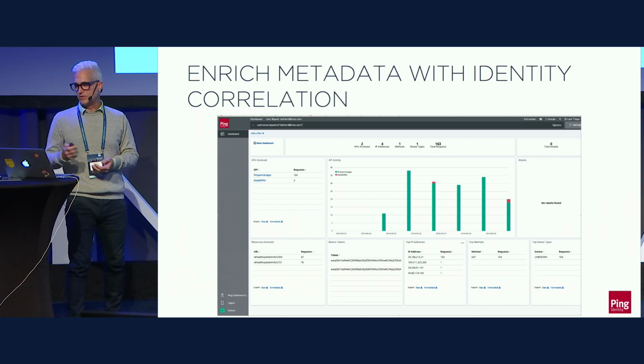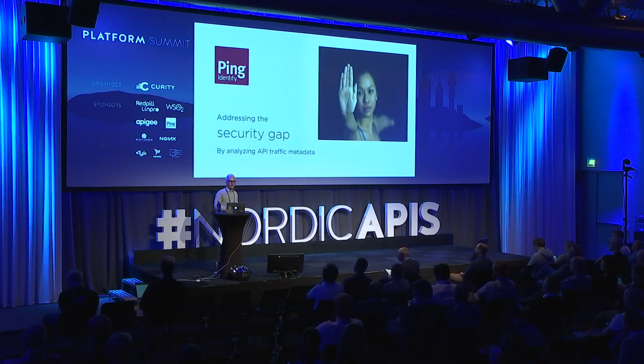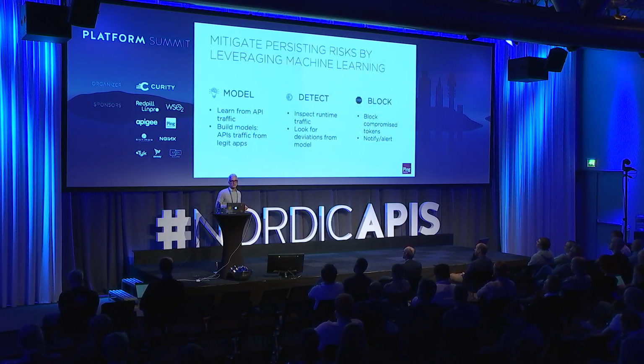So I've talked about addressing the visibility gap. Now let's talk about security. The way that API traffic metadata helps you address the security gap is by analyzing the metadata that you collect. So I was talking about these persisting risks.